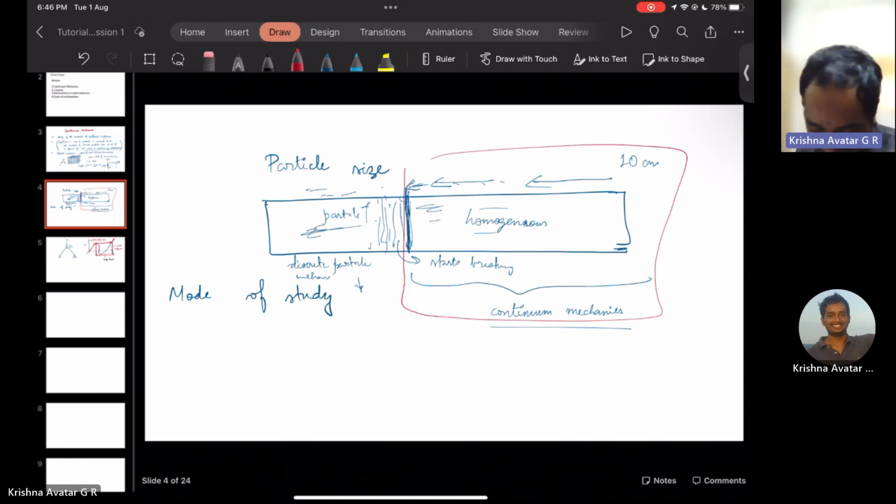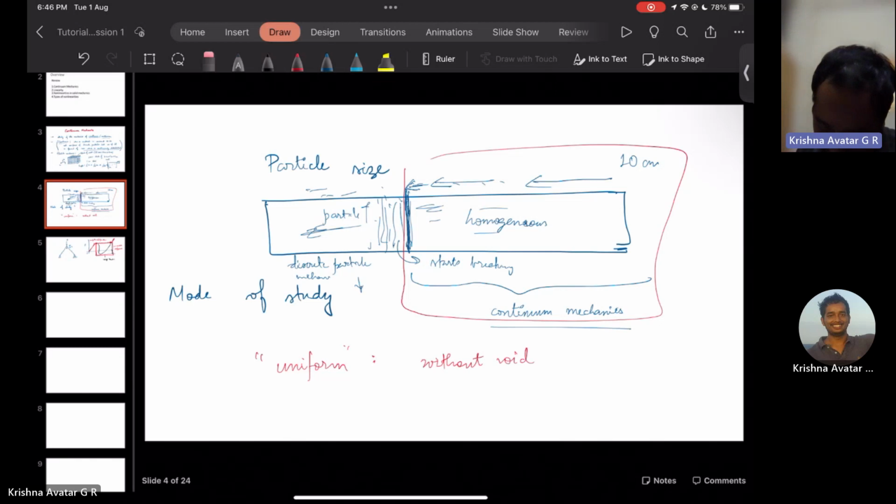Let me clarify: uniform here means without void, or rather it's more accurate to say continuous. So it's a continuous mass distribution. I think that is a much better word.